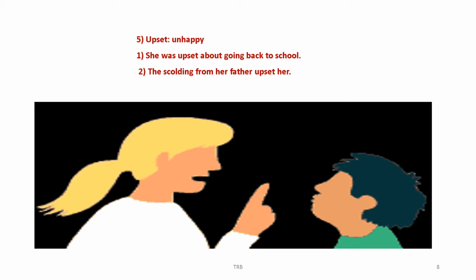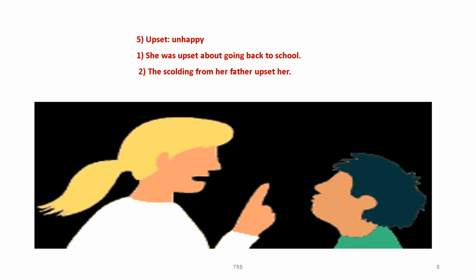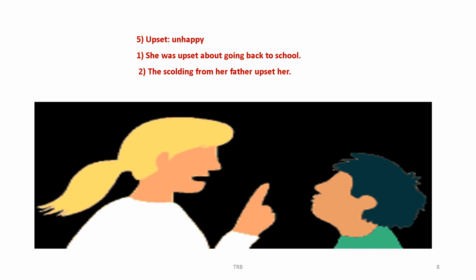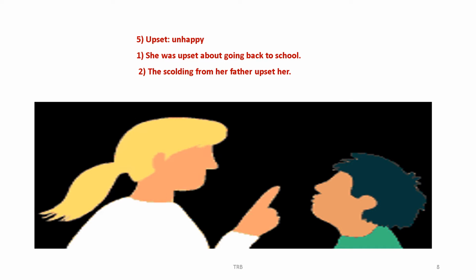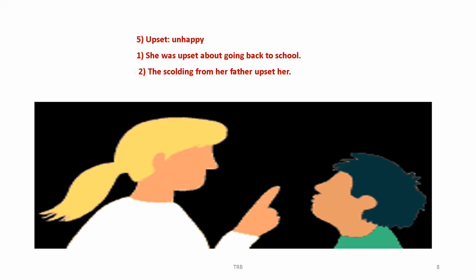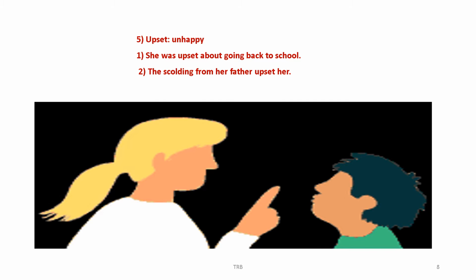They will call you near the table and tell you properly, isn't it? So the meaning of upset is unhappy. She was upset about going back to school. The scolding from her father upset her.